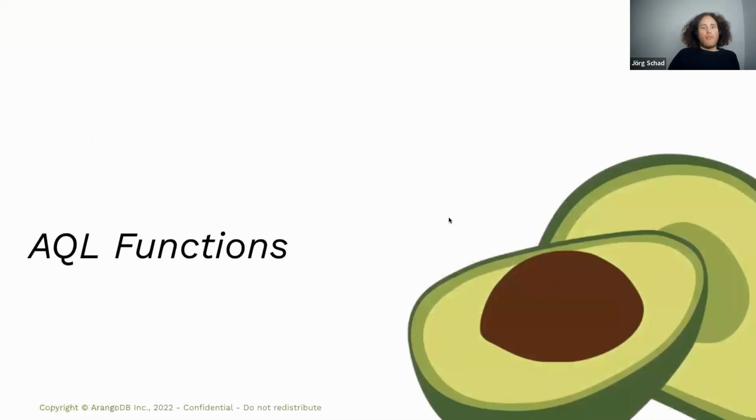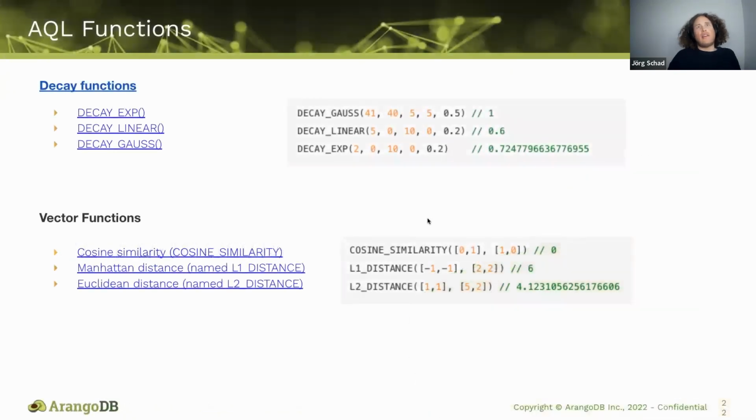Okay, furthermore, we introduced new AQL functions. So let's have a short look at what those are about. Especially if you're doing some kind of clustering or analysis, I don't want to necessarily say machine learning, but it can also be helpful there. You often want to see what is the distance in between, or how close two things are together, or how much influence different data points have on each other.